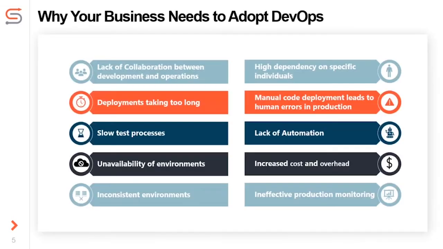So why does your business need to develop and adopt DevOps? As you know, when you go to release your software, a lot of times in the past, you've had many issues. It's slow to get out to production. It's all done manually.